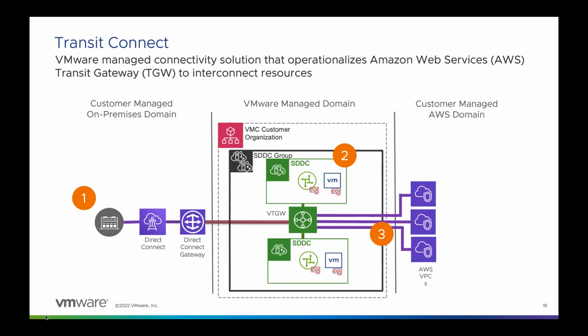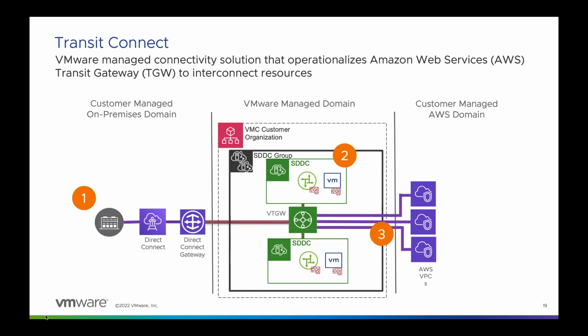So when you see that V transit gateway in the middle, that is essentially a VMware transit gateway. It's going to be provisioned within your VMware console, but it has the same or similar functionality as a transit gateway within AWS. Again, there's less functionality, but it has the same concept as the native transit gateway.